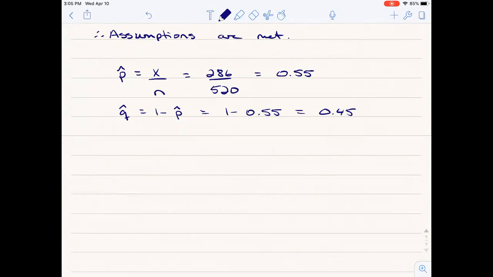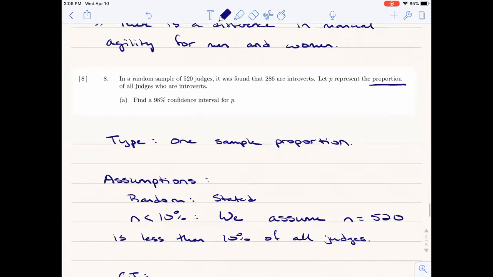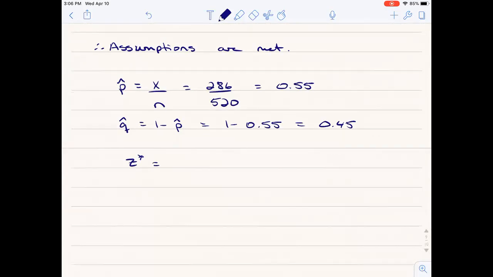We want to build a confidence interval, and just so I don't have to write out the interval twice, I know I need z star. For a 98% confidence interval, z star is 2.326.